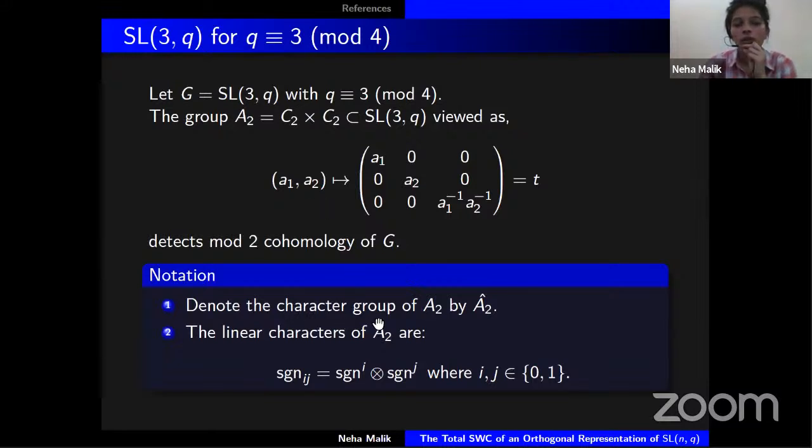We will denote the character group of A_2 by A_2 cap, and the linear characters of A_2 are listed like this. So sgn_{00} will be 1 tensor 1, sgn_{10} will be sgn tensor 1, sgn_{01} will be 1 tensor sgn, and sgn_{11} will be sgn tensor sgn.